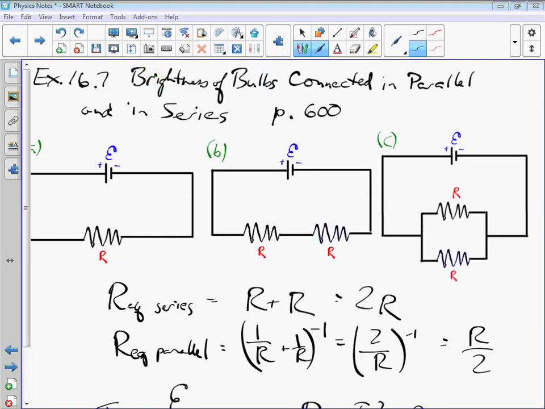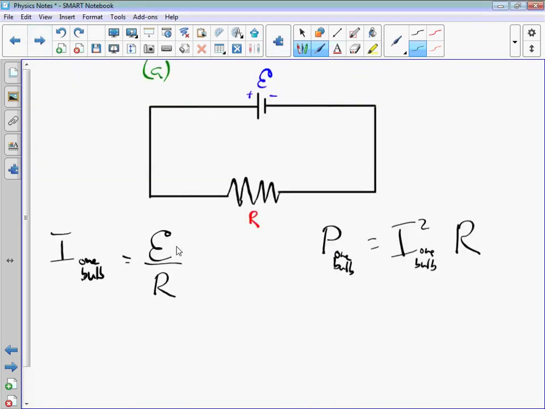Because I said over here on the left that current is equal to EMF over resistance, we could take EMF over resistance and put it in here for current, so that we're just relating it to EMF and resistance. So our power could be equal to EMF over resistance, but it's squared, times resistance.